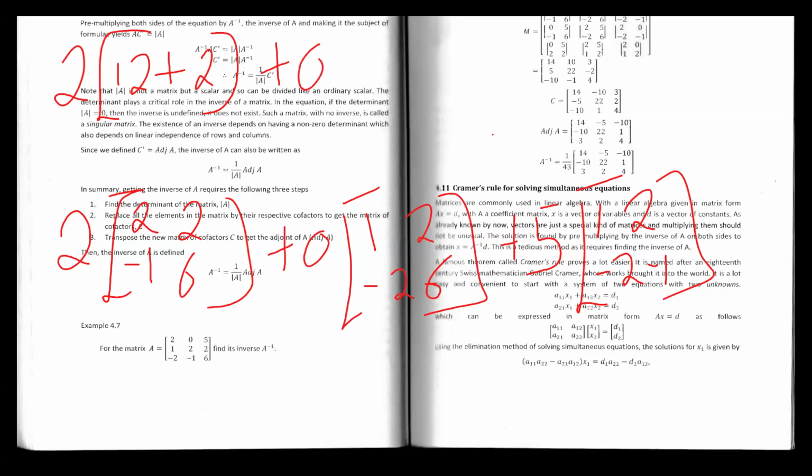And then we have a 0 plus 5 times the 1 times negative 1, which is negative 1, minus negative 4, which will be plus 4, right?